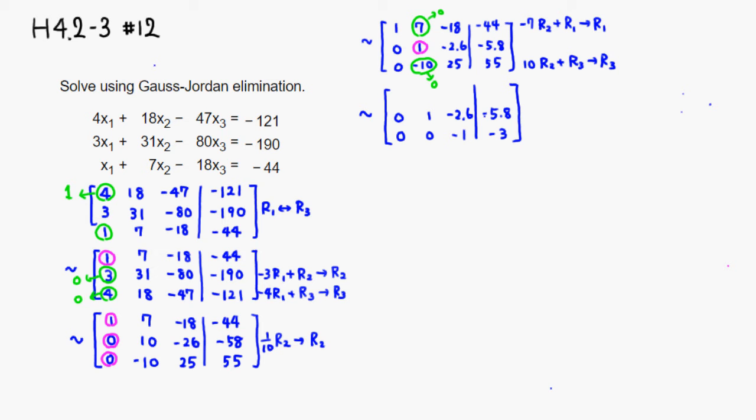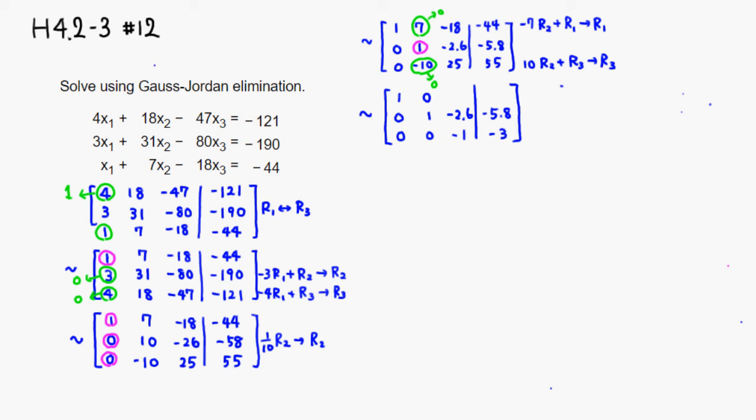Then we just have to multiply by negative 7. So let's do the first row. 0 times negative 7 added to 1 is still 1. So these things will never change. 1 multiplied by negative 7 added to positive 7. That's 0. That's exactly what we wanted. So this one, you have a negative 2.6 times negative 7.